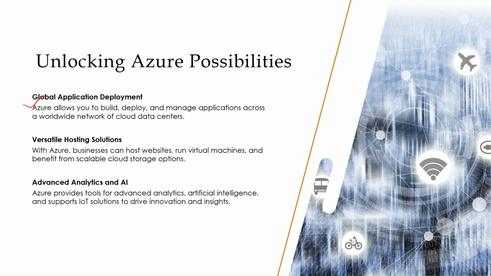You can do everything from hosting websites to building intelligent bots. You can run virtual machines and utilize cloud storage. Not only this, Azure supports advanced analytics, artificial intelligence, and Internet of Things solutions for business innovation.